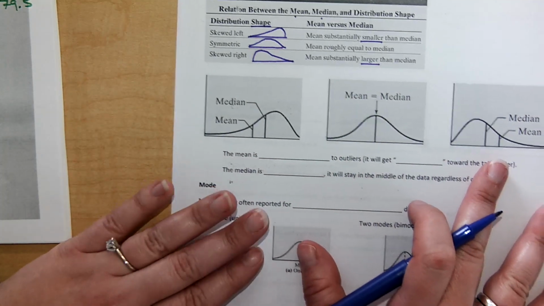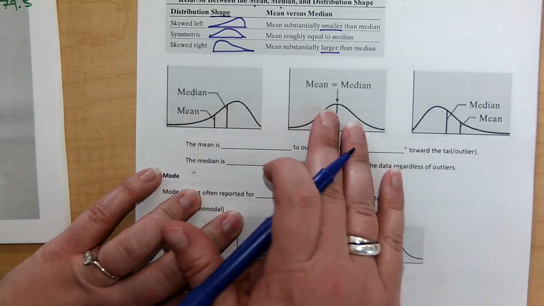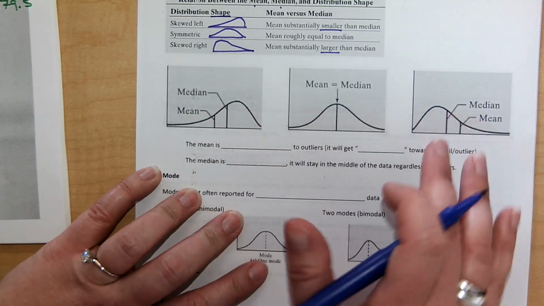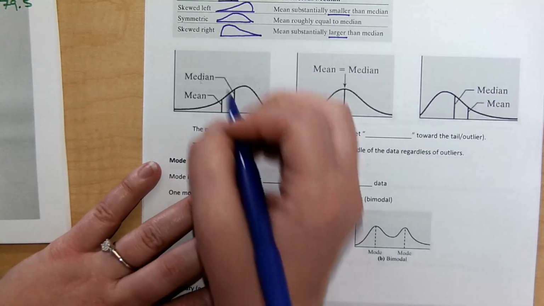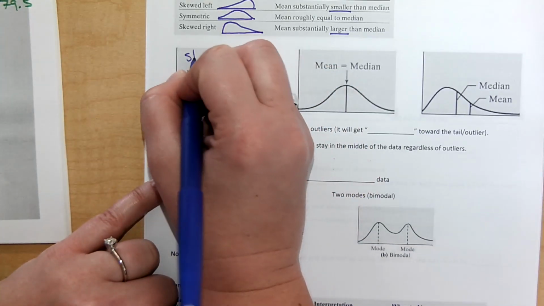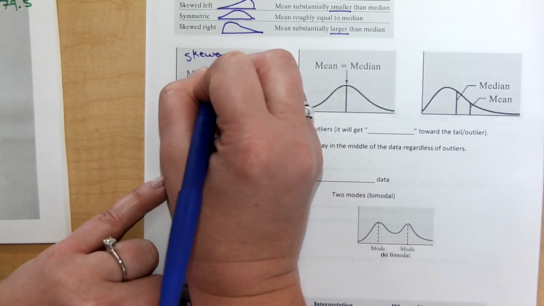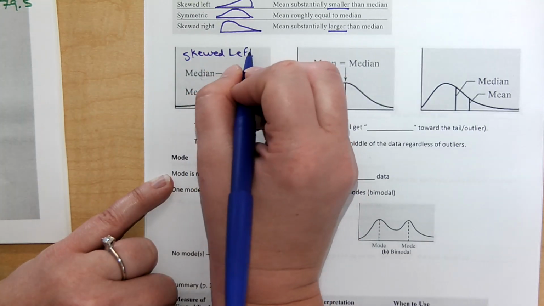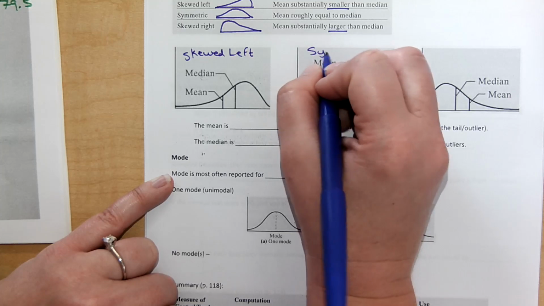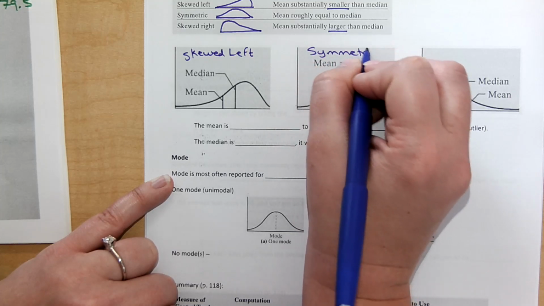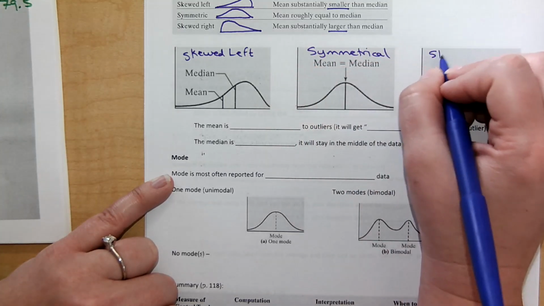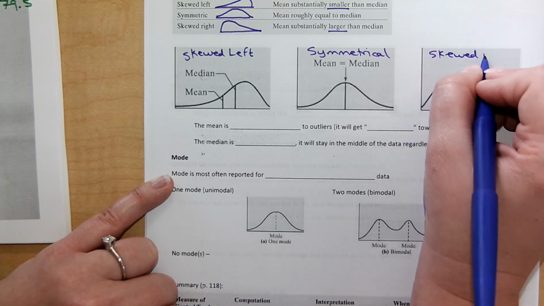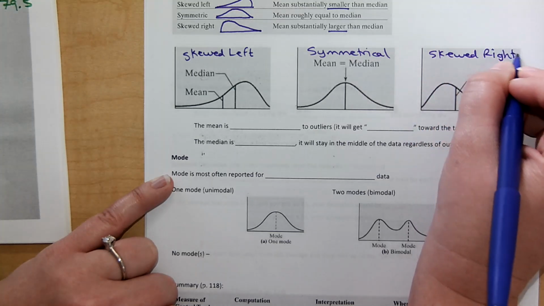So to understand this relationship a little bit better, I like these 3 pictures, and these pictures are in your textbook as well. We have a skewed left distribution, a symmetrical distribution, and a skewed right distribution.